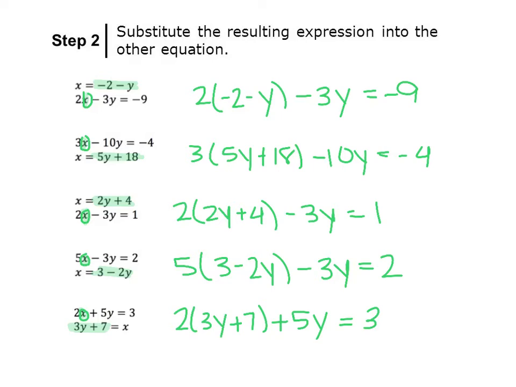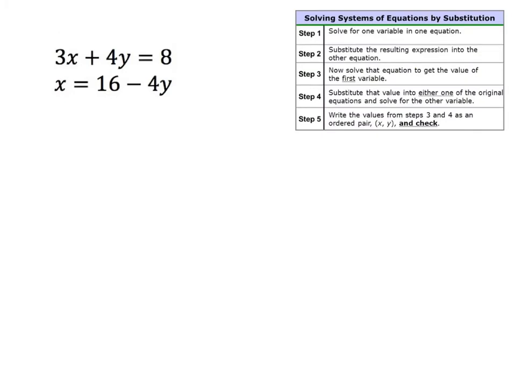Let's take a look at one full problem that's similar to these. If we start by looking at step 1, make sure one variable is by itself. That would be here. Step 1, x is by itself. The expression we get for x is 16 minus 4y.